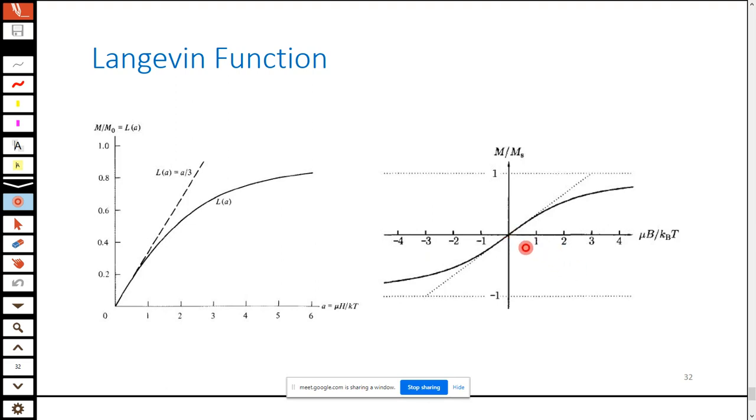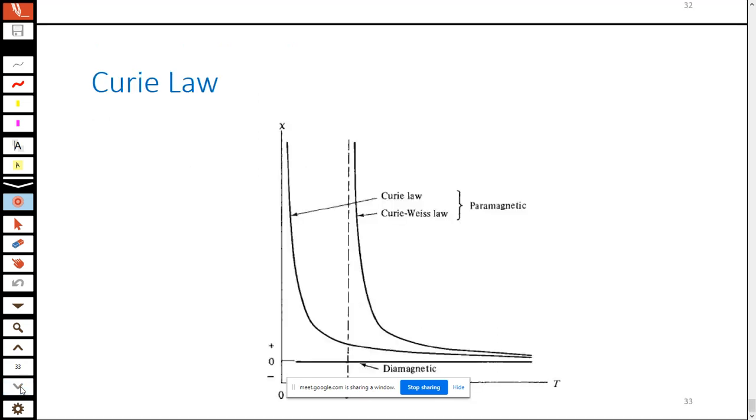But in a paramagnetic case, you get something different. This is how you can differentiate between a paramagnet and a ferromagnet. Remember, for a paramagnet, when the field is zero, M is zero, no magnetization. You only get a magnetization when you apply a magnetic field. The slope is basically your susceptibility.